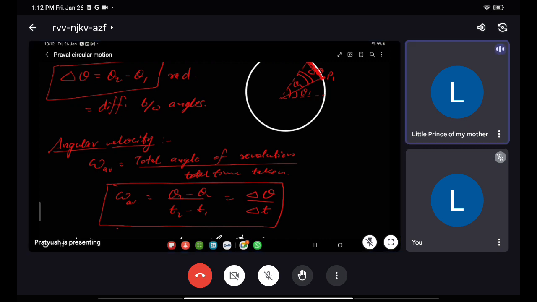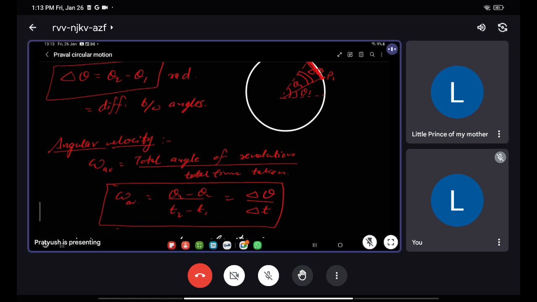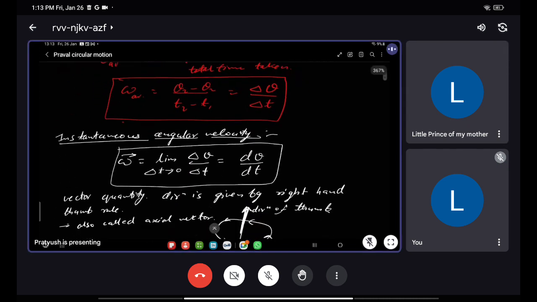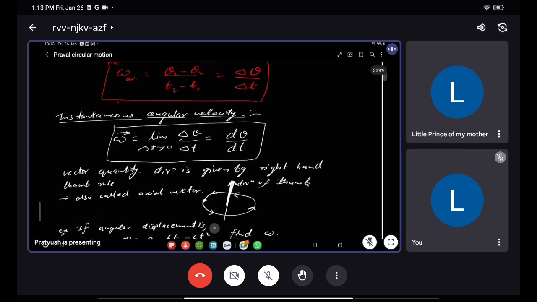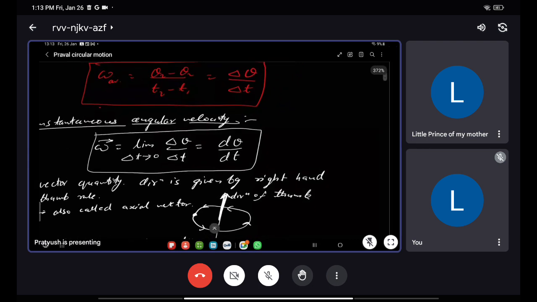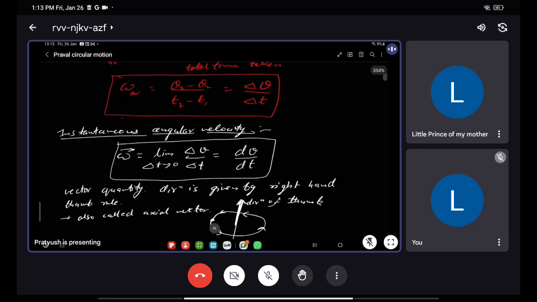Same as linear velocity, average velocity we can say. Sir, copy it. Similarly, we can write instantaneous velocity. Instantaneous velocity will be what? Differentiation of angular displacement theta with respect to time t.